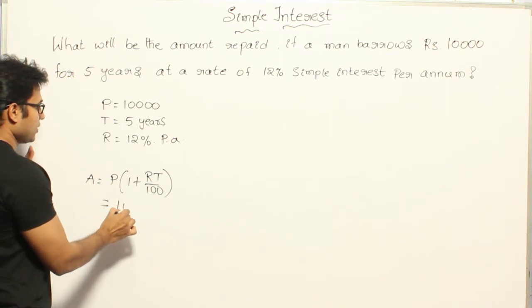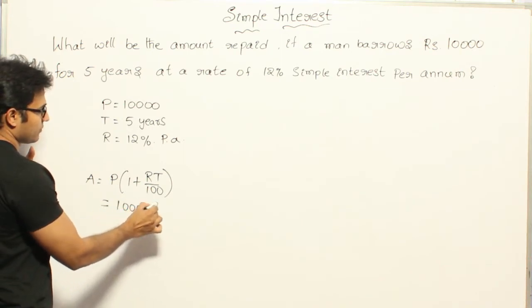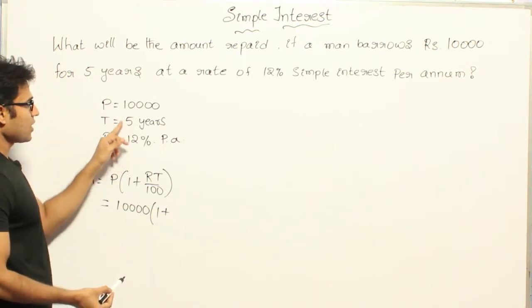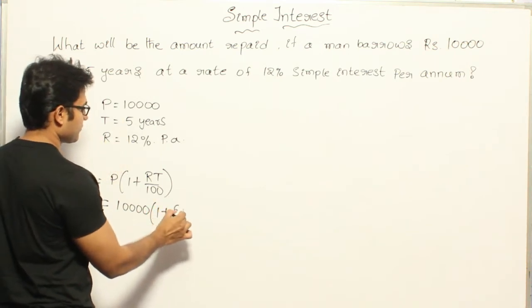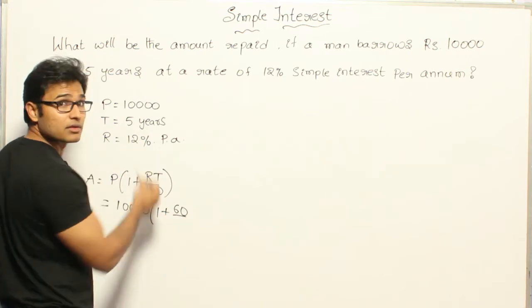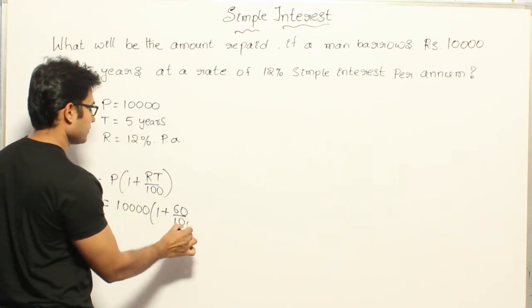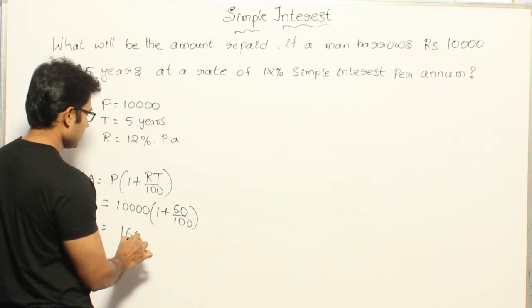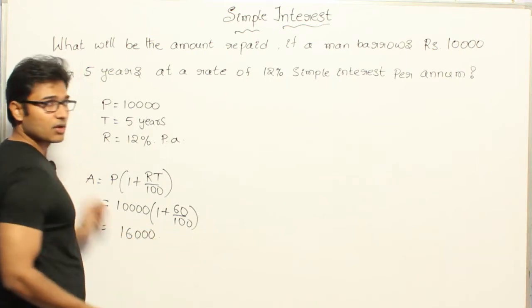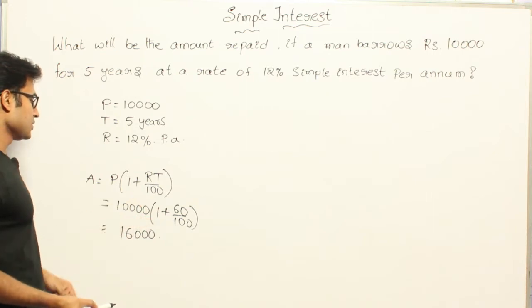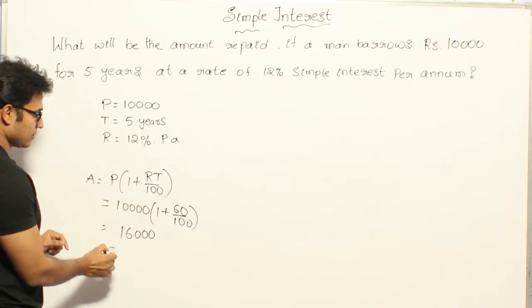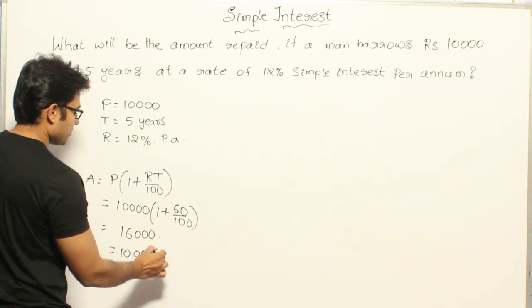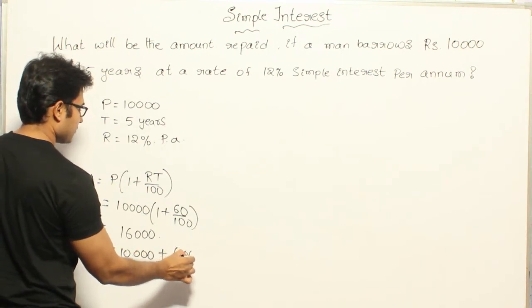Which is nothing but 10,000 into 1 plus what is RT, 5 into 12, which is 60, isn't it? 60 by 100. So it is going to be 16,000. Okay, so you can compute, it is going to be 16,000, which means, if you expand it this way, 10,000 plus 6,000.